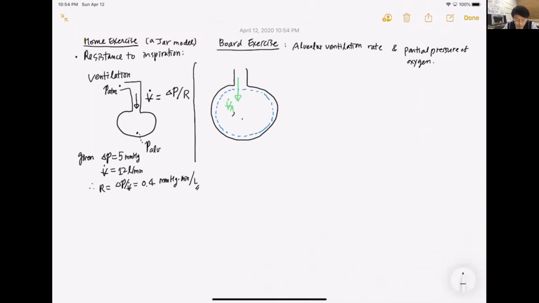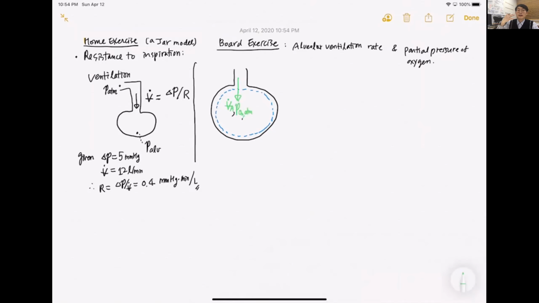During inhalation, the oxygen partial pressure of the atmosphere is coming in, so I write it down as P sub out O2, coming from outside to inside, so that's P ATM.